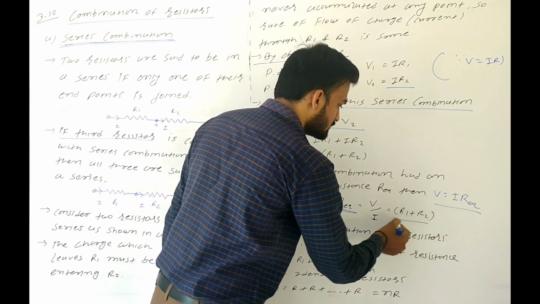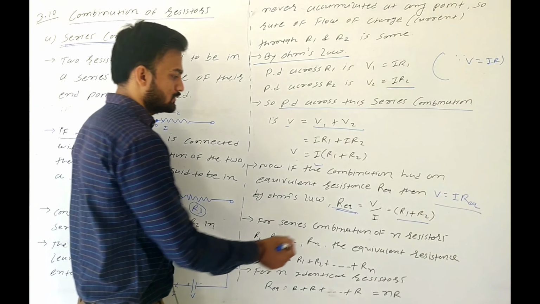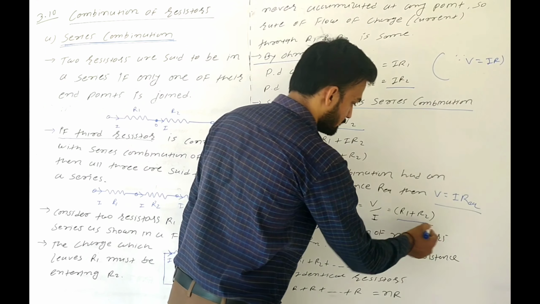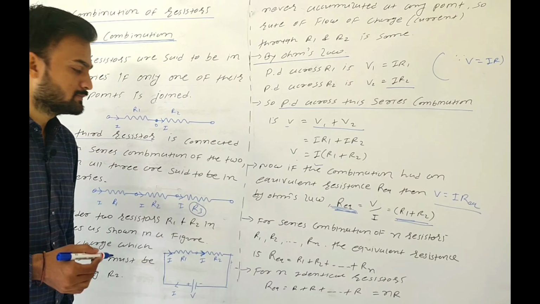So R equivalent is equal to R1 plus R2. This is the equation of effective resistance of two resistors connected in series.